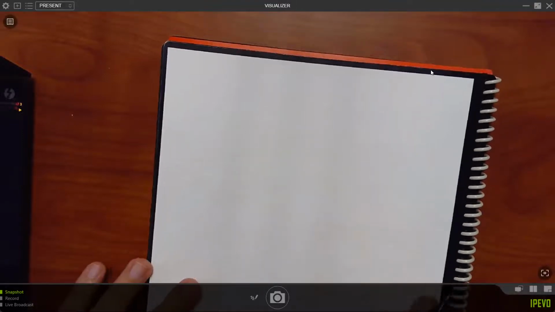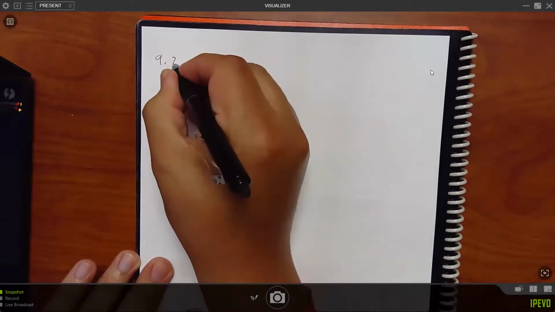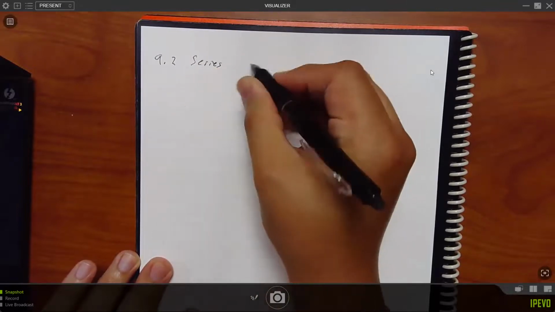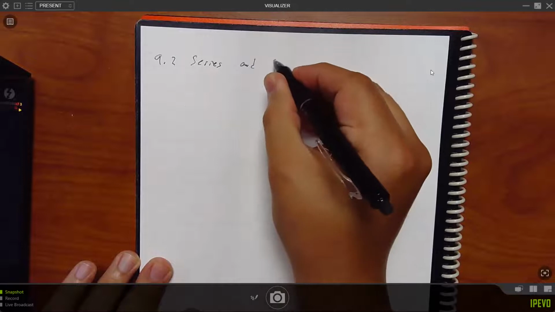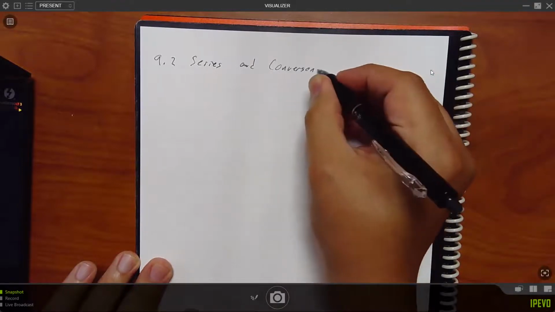Oh, 9-2, sorry. So the rest of the chapter is going to be about series. We introduced sequences for a reason, but series is what we're going to be focused on. So, series and convergence.